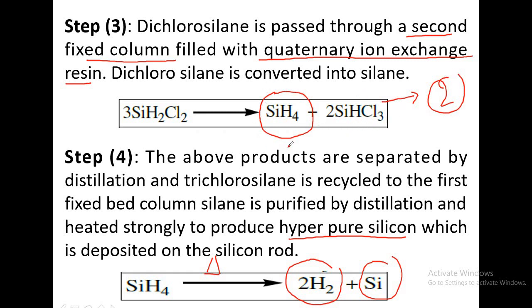Now the silane thus obtained is subjected to pyrolysis, thermal decomposition, heated to a very high temperature to get hyperpure silicon along with liberation of hydrogen. This hyperpure silicon is deposited on a metallurgical grade silicon, thus converting it into solar grade silicon.